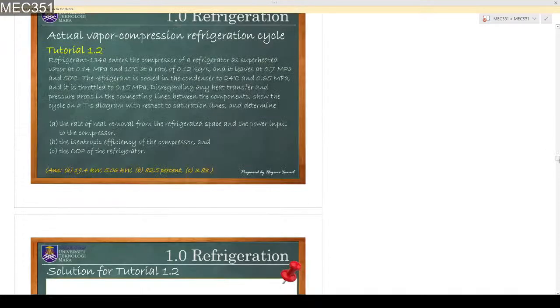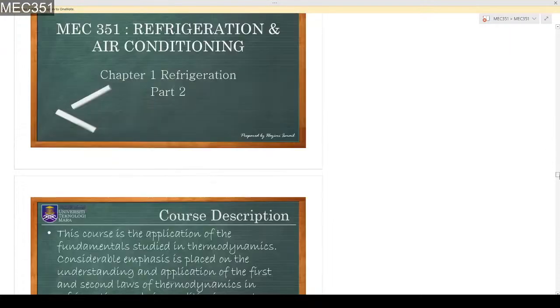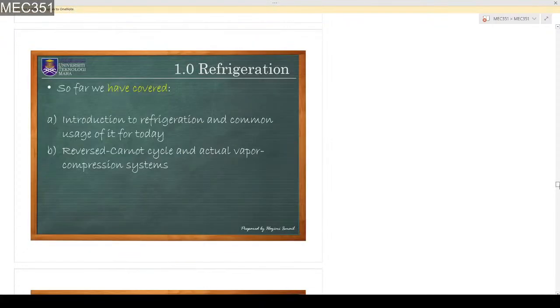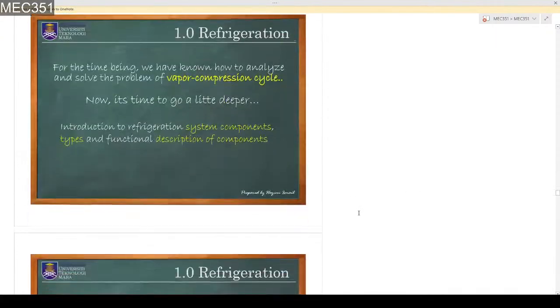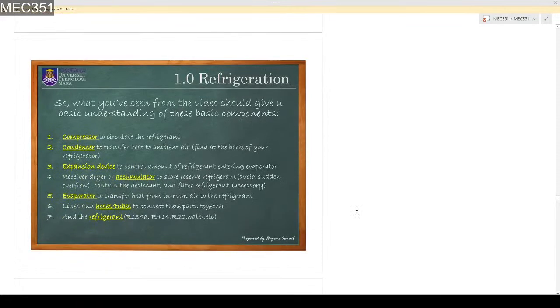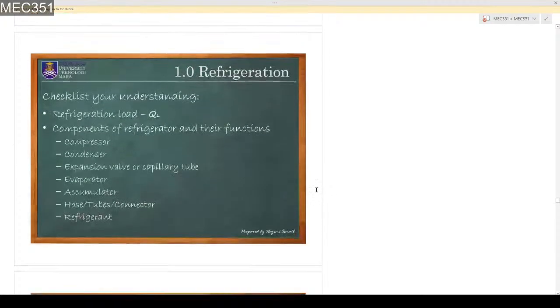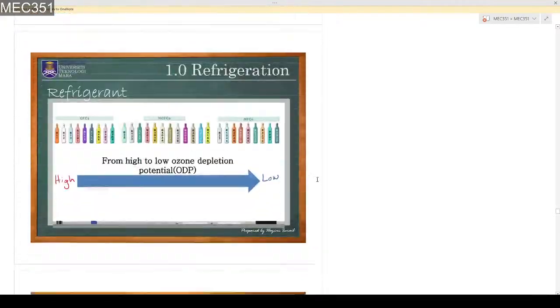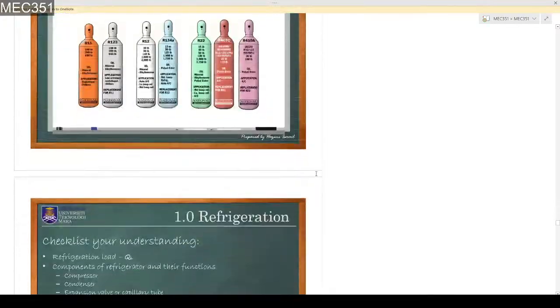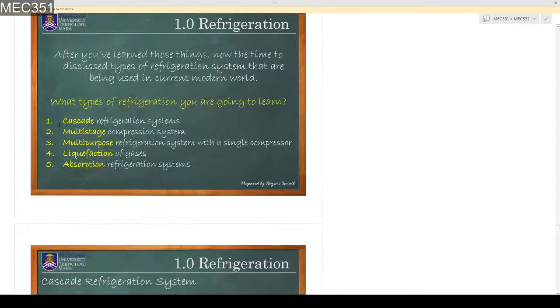In our last class, we went through the types of refrigeration cycles that are applied in industry and real-life applications. There are a few that we have learned, such as cascade, multi-stage, multi-purpose, liquefaction, and absorption.